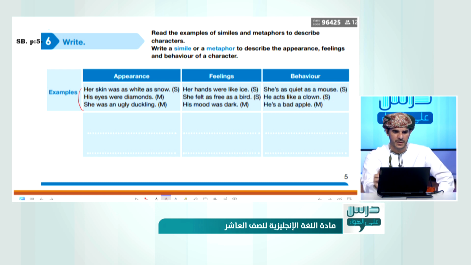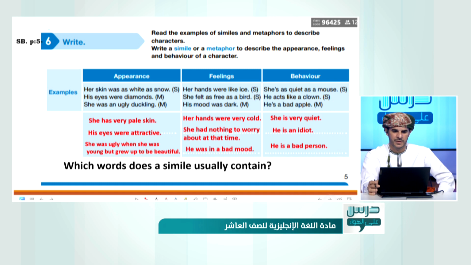Her skin was as white as snow. It means what? She has very pale skin, very pale. His eyes were diamonds, very attractive, beautiful eyes. She was an ugly duckling. She was ugly when she was young, but grew up to be beautiful.